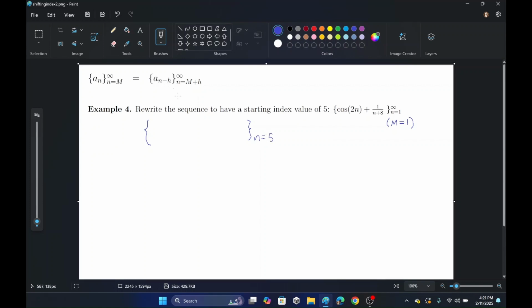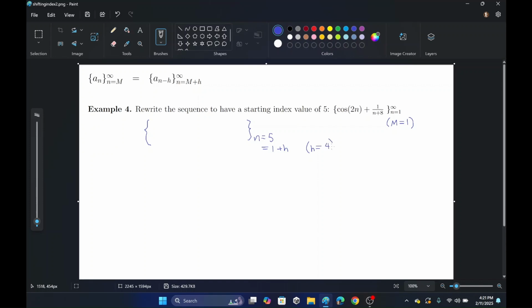So naturally, the question arises, well, what's the little h? If big M is 1, and this is equal to 1 plus h in our case, we can see that h is 4.